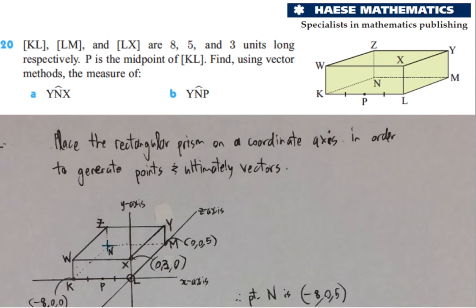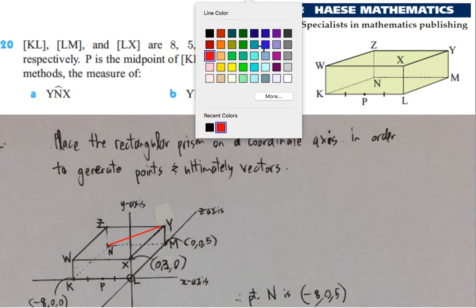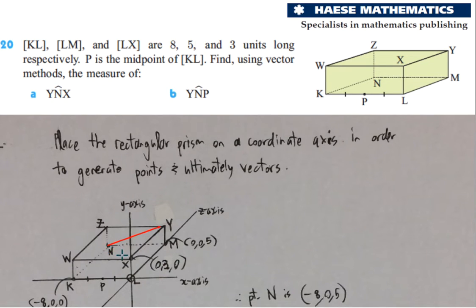In other words, we're going to go from N to Y. There's one vector. And then we're going to go from N to X. And you can see how that vector combination, the angle between them, will be the unknown value. So that's what we're going to be looking for right there, this angle YNX.